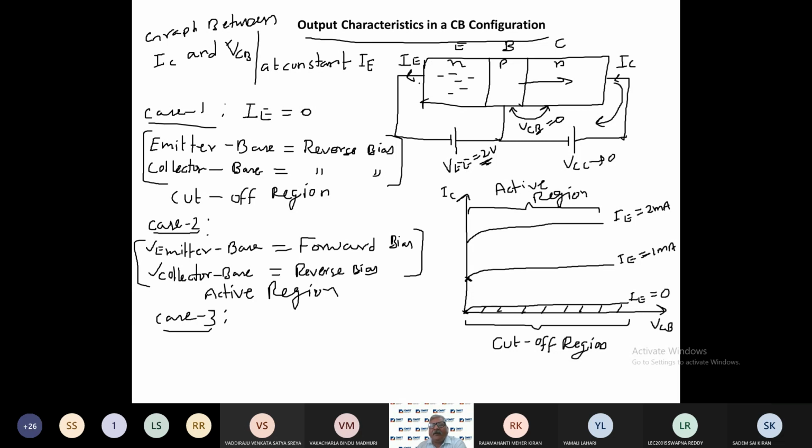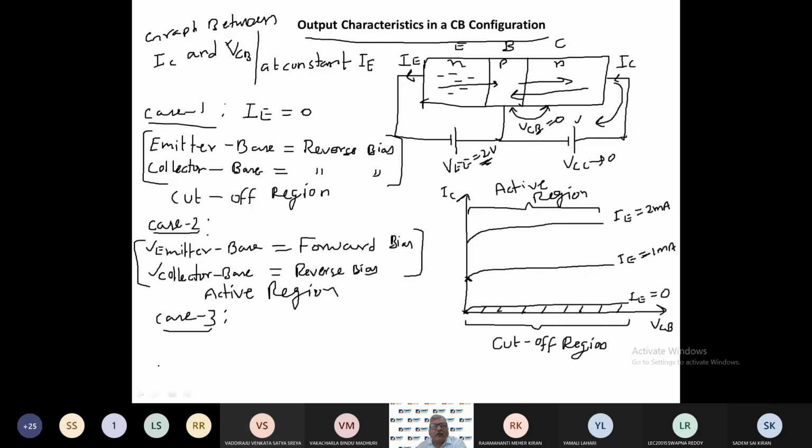If you want to make the emitter current 0, then you have to emit the same amount of electrons from the collector region. You can do that only if you make the collector and base forward bias, then electrons from the collector will start moving towards the base. Right now collector and base is reverse bias, that's why electrons from the N region are not moving towards the base.